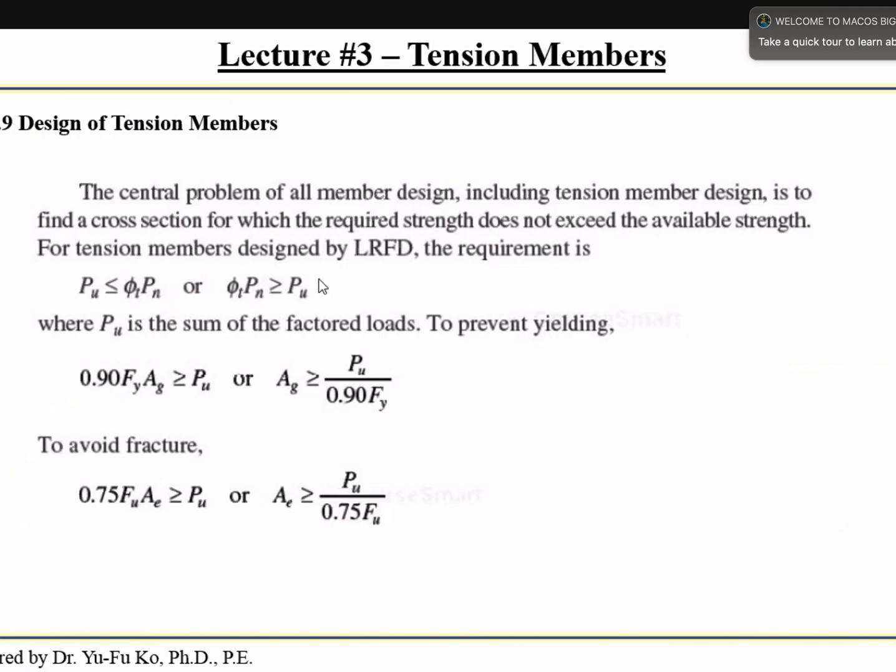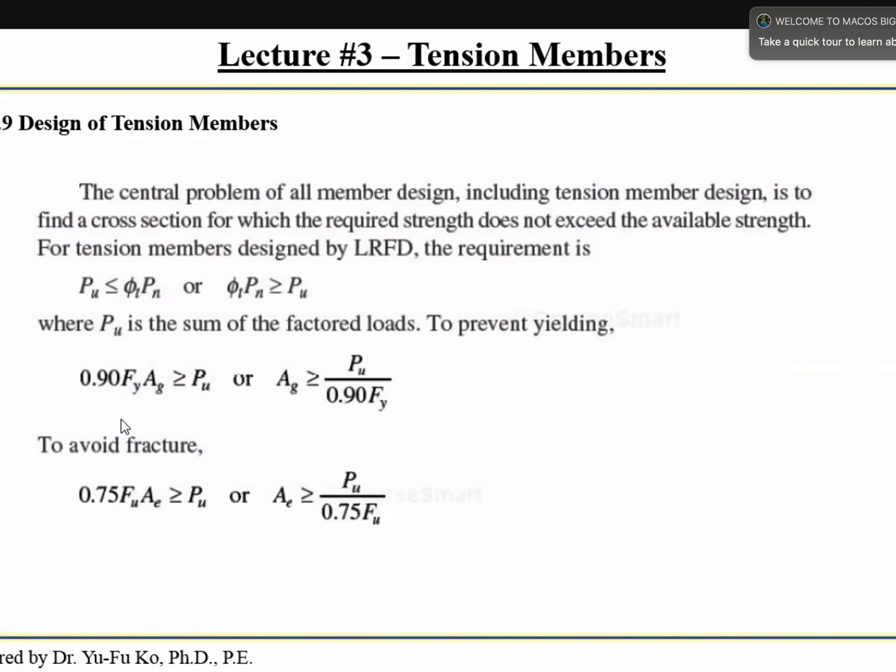For tension member, based on LRFD, the requirement is Pu, the demand, should be less than or equal to phi t times Pn. The right hand side is capacity. The left hand side is demand. Pu is the summation of the factored loads based on the load combination.